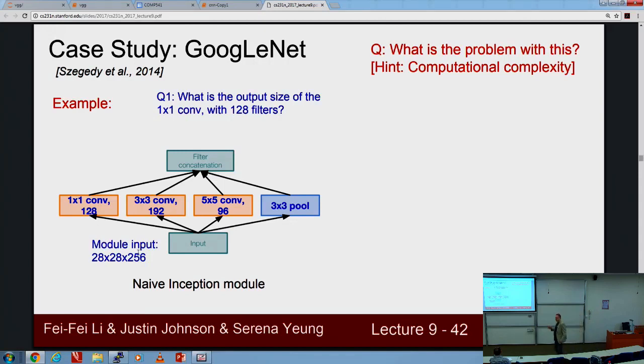A 1x1 convolution is an interesting operation. I would encourage you to think about that and how to use it. We use it a lot in our grounded language learning cases. So 1x1 convolution means you have an input 28 by 28 with a certain depth. Your convolutional filter is like a little pencil going all the way in the depth dimension, looking at a single location, a single pixel, but for all the depth.